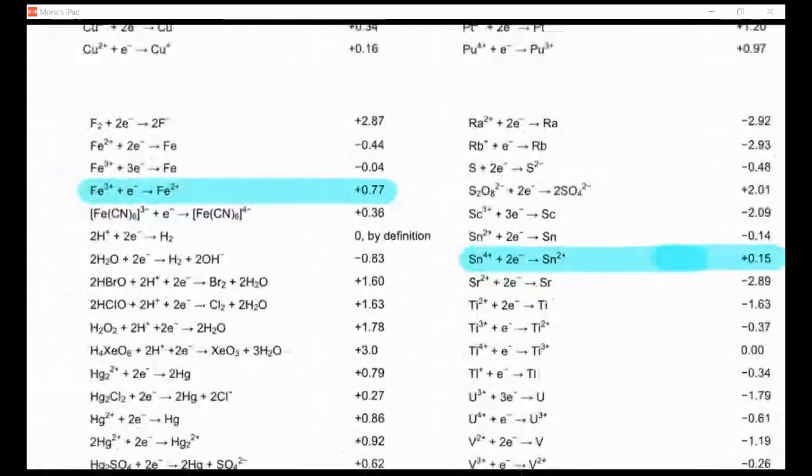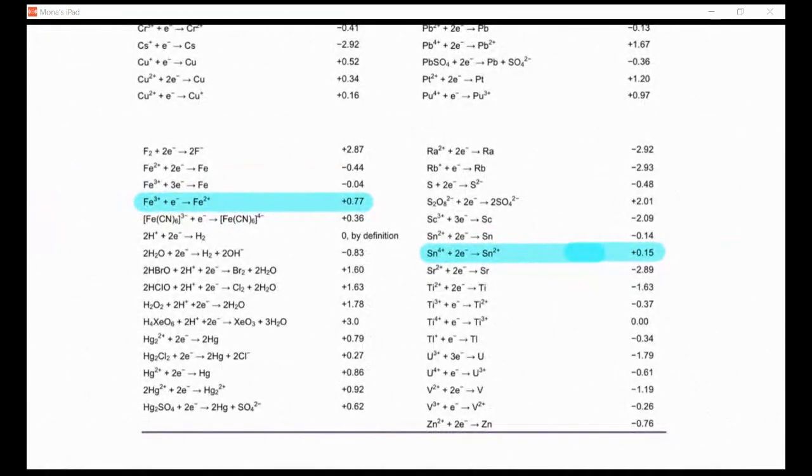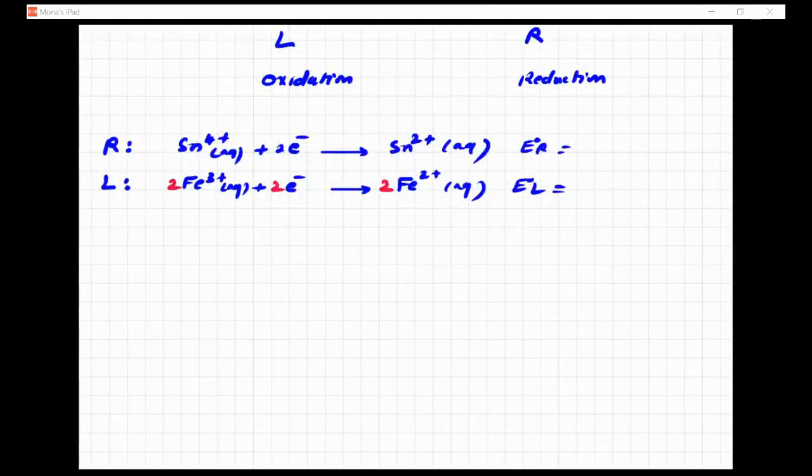So we have plus 0.77 volt and plus 0.15 volt. Again, of course, you see E cell is equal to E right minus E left.